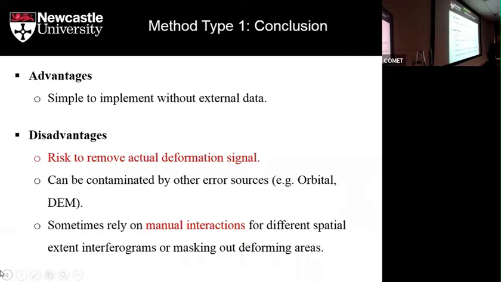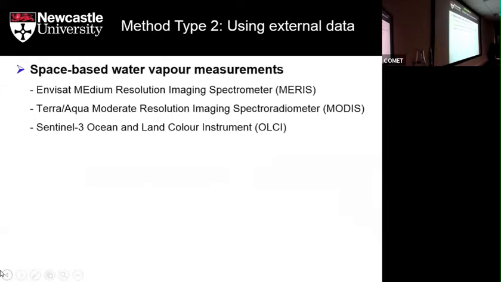To overcome these disadvantages, we introduce the second type of method, using external data rather than the space measurement itself. There are typically three types of external data we can use. Firstly, space-based water vapor measurements, for example from the MERIS satellite, from MODIS, or from Sentinel-3, which is a very new satellite. We also have ground-based measurements from GPS receivers, radiosondes and other ground-based sensors.